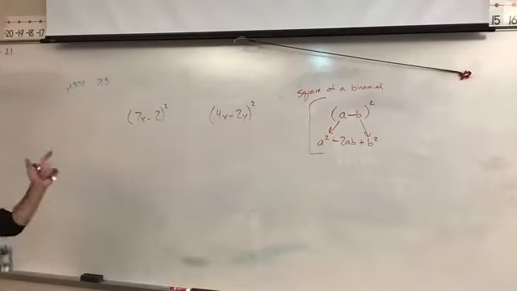Okay, talk to somebody especially about that second one. Let's make sure we got that second one. For the first one, I got 49 squared.